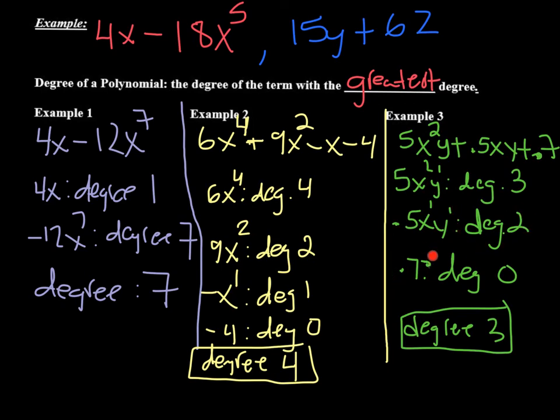And 0.7 is just a constant with no variable, so its degree is 0. Looking at degree 3, degree 2, and degree 0, the biggest degree we have is degree 3. So the polynomial 5x squared y plus 0.5xy plus 0.7 has a degree of 3.